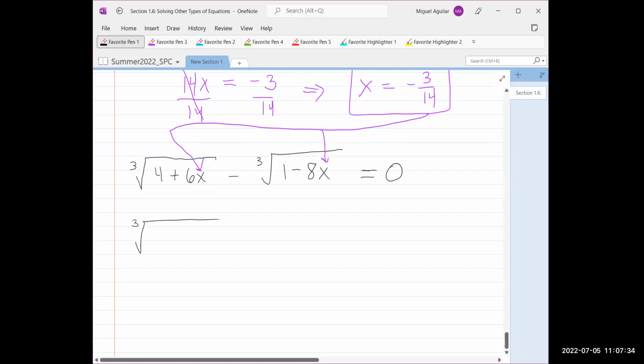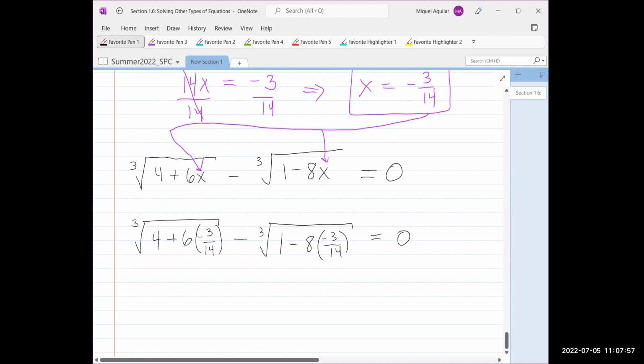Okay. Now, I will say, if we were in the classroom right now, I could show you how to do this in the calculator. It's not the simplest thing in the world, but you could check this in the calculator. 1 minus 8 times negative 3 over 14.